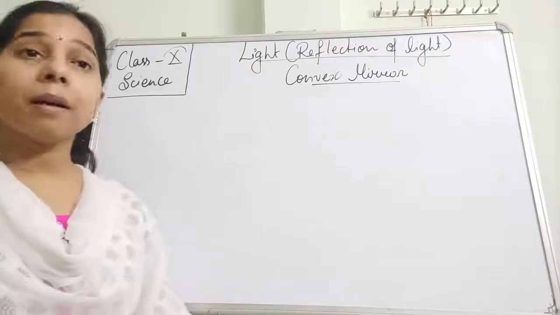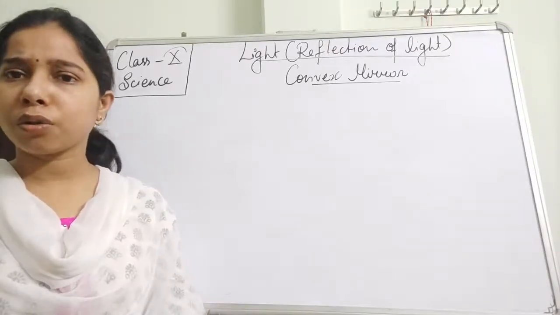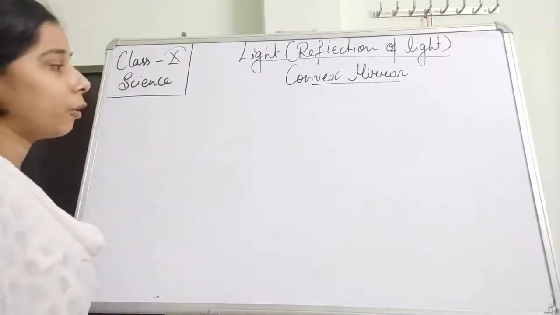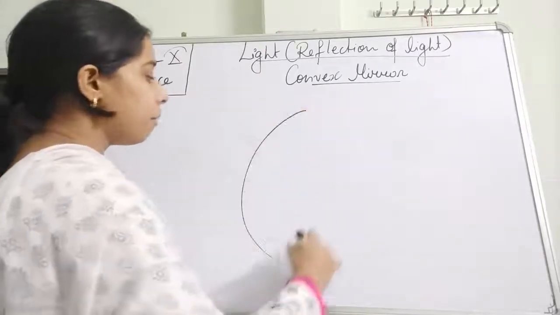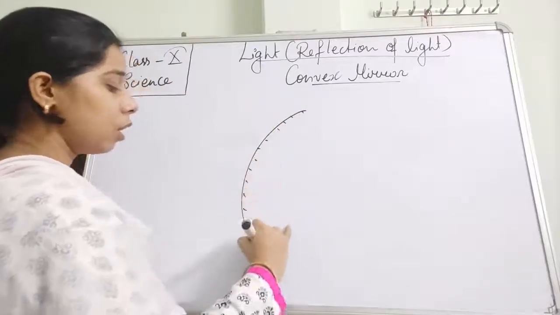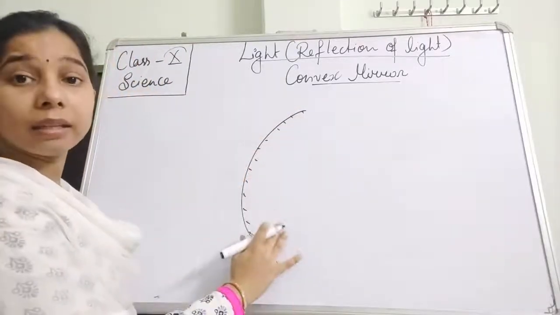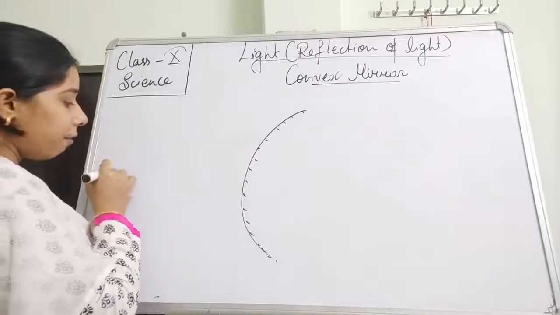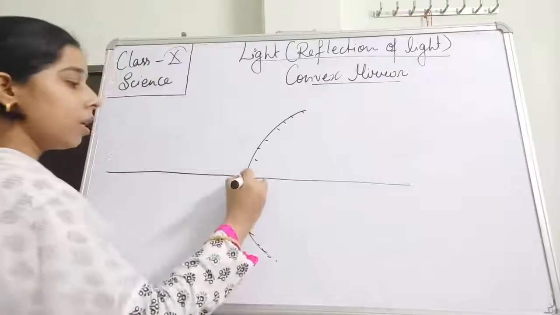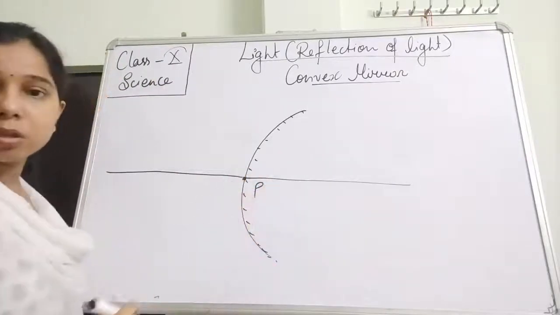While talking about the concave mirror, we have seen a lot of things, students. What is the principal axis? What is the focus? What is the center of curvature? Before we go further, let me remind you, although we have already discussed this. This dotted line tells that this is the polished surface, and when we draw a line like this, this is the pole, students.